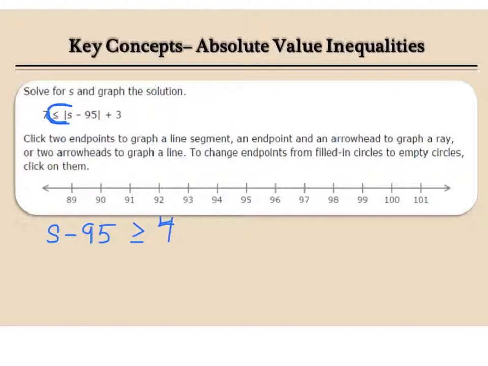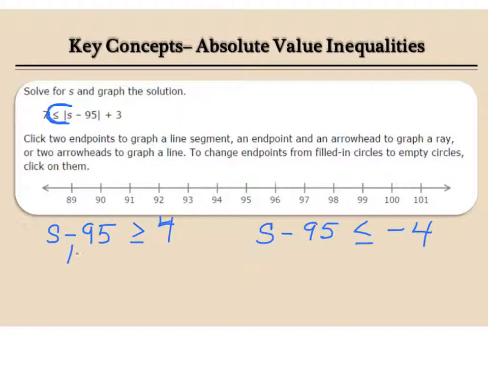So it's pointed toward the s below when I rewrote it and flipped it around. Because the absolute value is greater than the number, it is an OR inequality. So I'm going to write it this way, and the other one is going to be s minus 95 is less than or equal to negative 4.